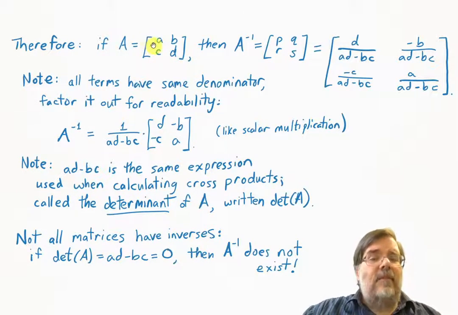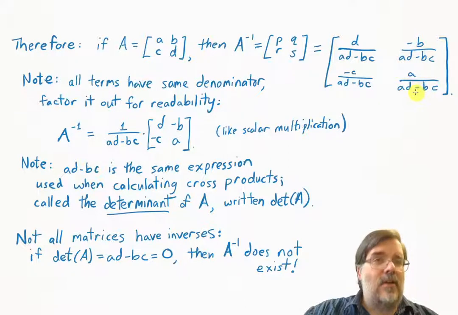So if you're given a matrix capital A with entries A, B, C, D, then the inverse of that matrix is given by this formula. Now notice that all these terms have the same denominator. So our first step is to factor out this fractional part to make the formula more readable, kind of like scalar multiplication.